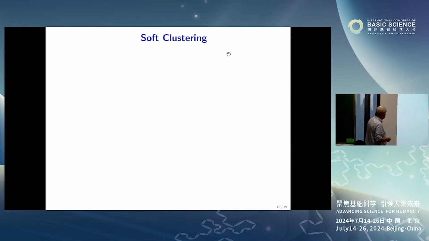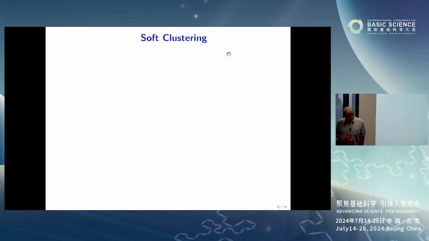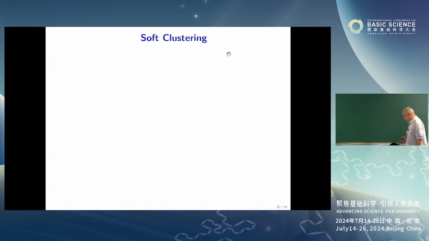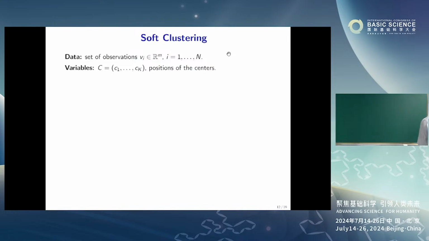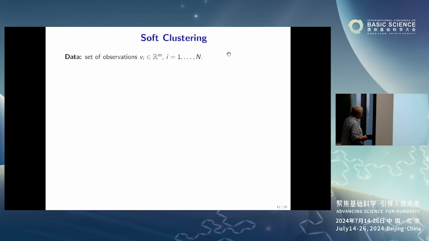Clustering actually arises in many different fields, not only in computer science. Do some classifications. We have the set of points in M dimension, and some centers of the clusters.